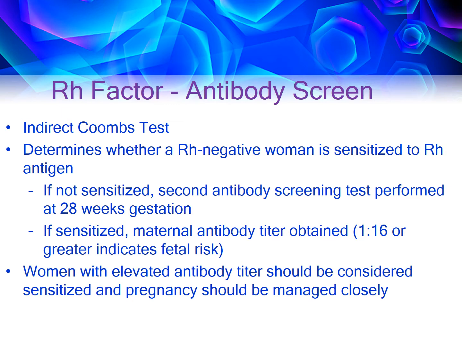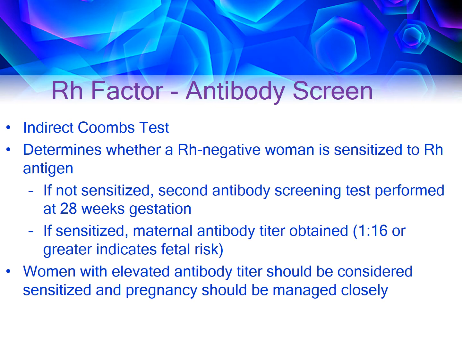This is going to tell us whether the Rh negative mom is sensitized to that antigen. If she's not sensitized, the second antibody screen test is performed at 28 weeks. If she's sensitized, a maternal antibody titer is obtained.